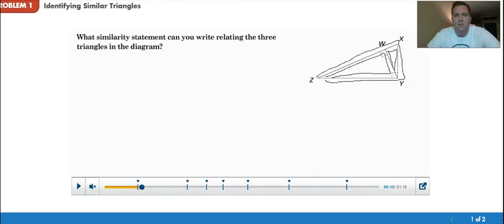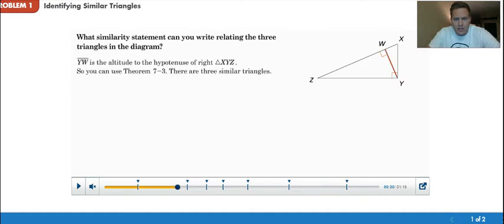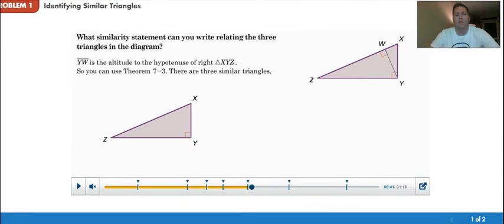You don't need to do those extra lines, but now we can see the 3 that we have, and we need to write a similarity statement. What is useful, and I think this can help me do it, is if we can draw all these triangles kind of facing the same way, it might be a little bit easier for us to write this similarity statement.